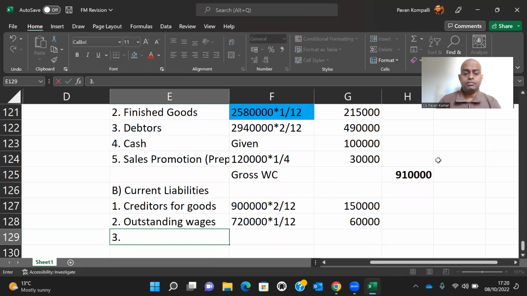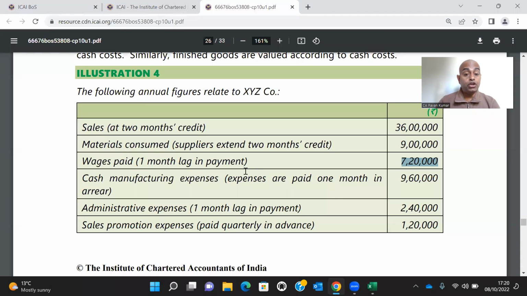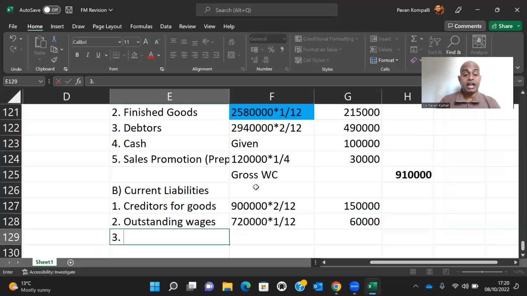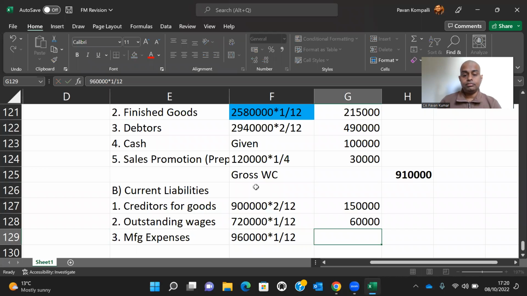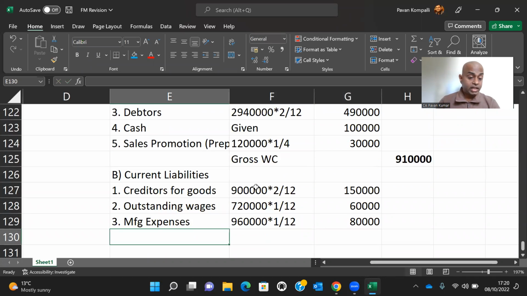Any other we have? Manufacturing expenses paid 1 month in arrears. So total 9,60,000 into 1 by 12. How much is it? 80,000. Then anything else?